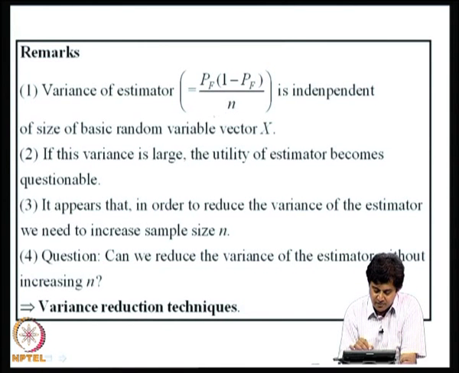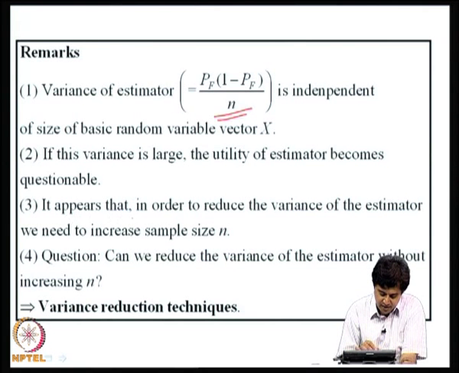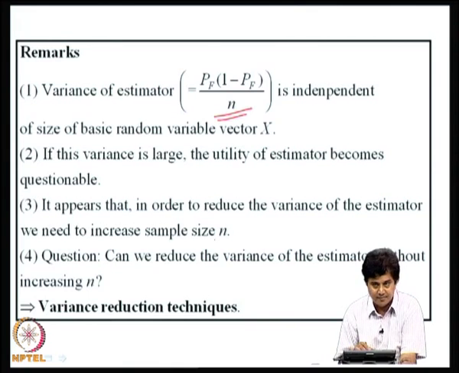You look at the expression for the variance, the n is in the denominator here. So, it appears that in order to reduce the variance of the estimator, we need to increase the sample size n. But is it the only approach? We can raise this question: can we reduce the variance of the estimator without increasing n? This problem is known as the problem of variance reduction.